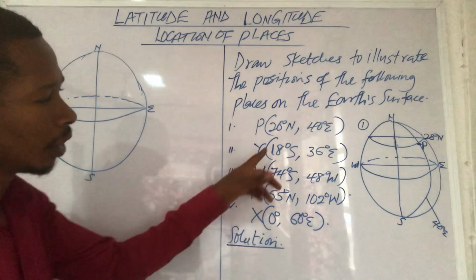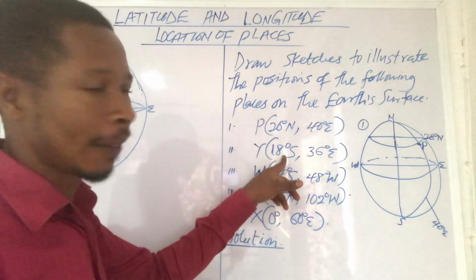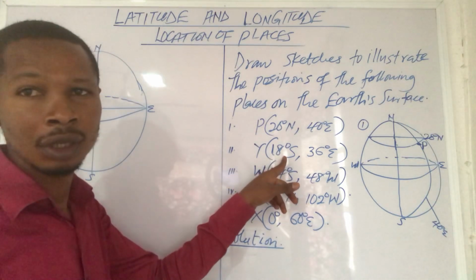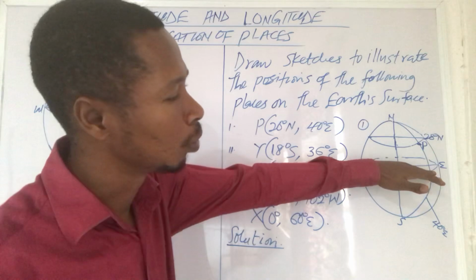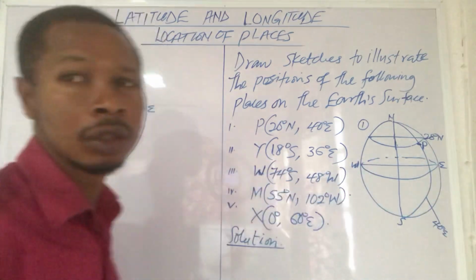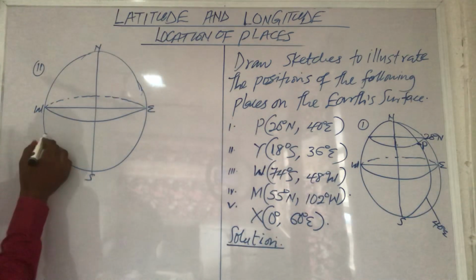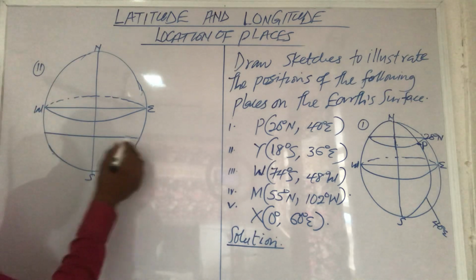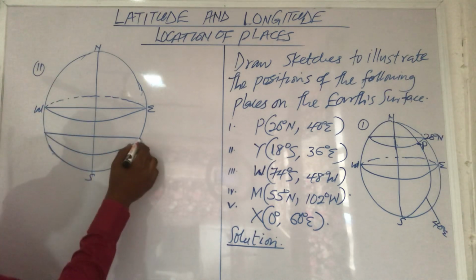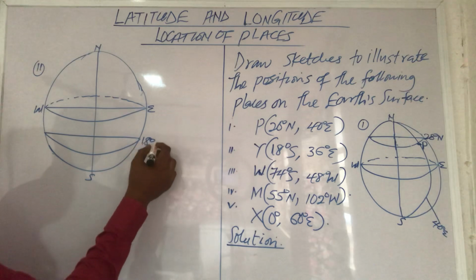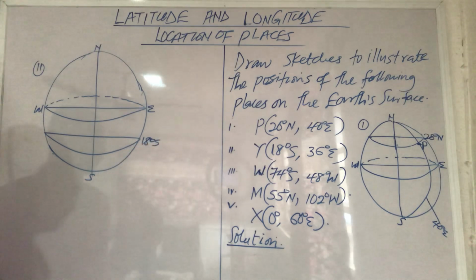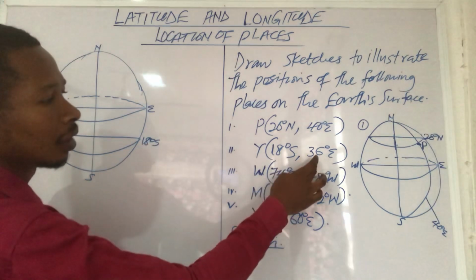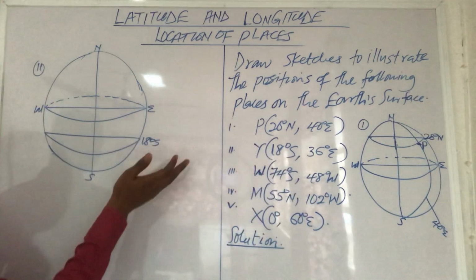So now you have 18 degrees south. The south are the lines of latitude below the Earth's center. So that will be this side. This is my 18 degrees south. And 36 degrees east. The east is still this side.